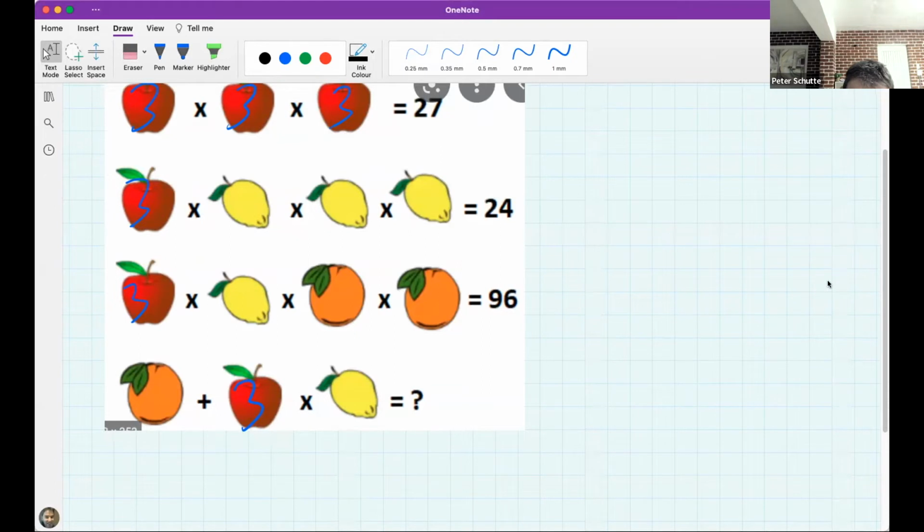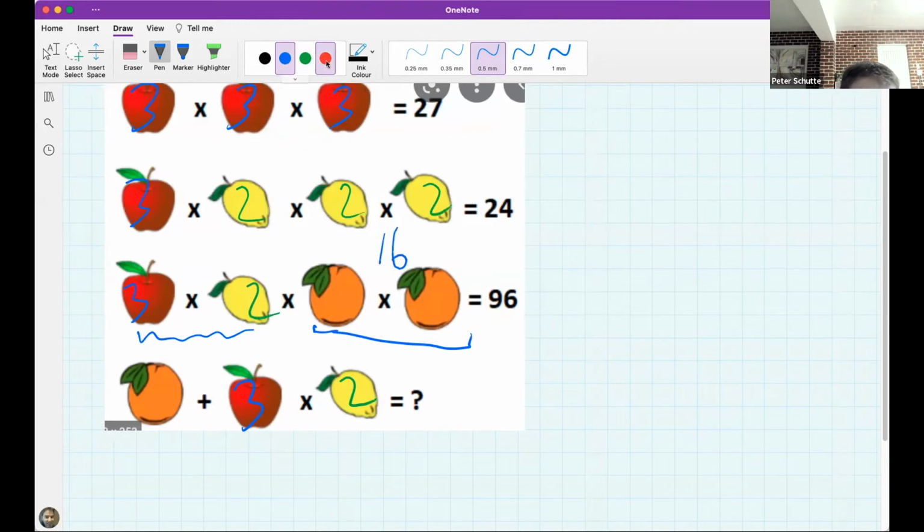What do we have there? So lemon is 2. Okay, I agree with that. Yes. And now the peach for the orange. So you've got 6 times something is 96. And so I think that something has to be 16, which means I agree, guys, the orange is 4.